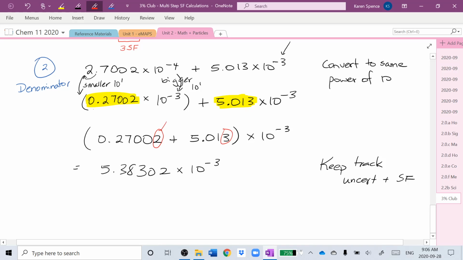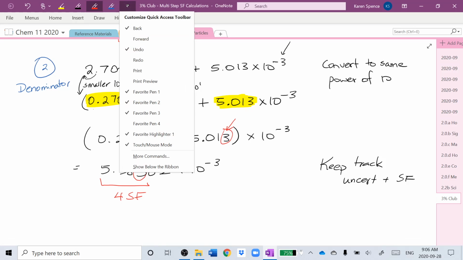So that is in the, I don't know, like what, 100 thousandths position. That's tiny. This is in the thousandths position. So our uncertain digit here is going to be the 3. That is our uncertain digit. And what that means is that we have 4 sig figs. So now this is our denominator.